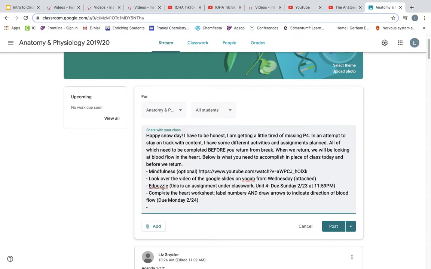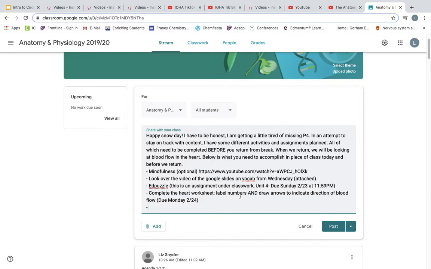The fourth thing is going to be to complete that heart worksheet. I did talk about if there was a snow day, you guys would be labeling the numbers as well as the direction of blood flow. Feel free, it's typically used with arrows. You guys will see in your textbook that it's typically used with red and blue.